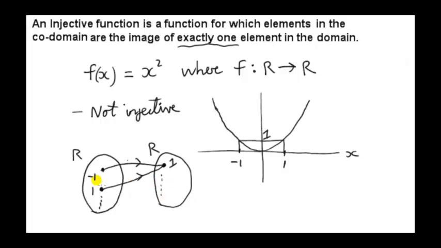We have infinitely many examples, of course, but we only have to show one example of two arrows pointing to an element in the codomain to conclude that the function is not injective. Notice that on the graph, if we take a horizontal line through 1 on the y-axis, this horizontal line cuts the graph at more than 1 point, cuts the graph at 2 points.